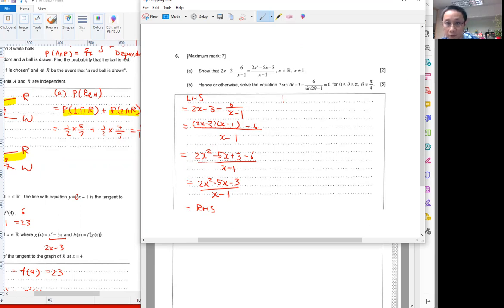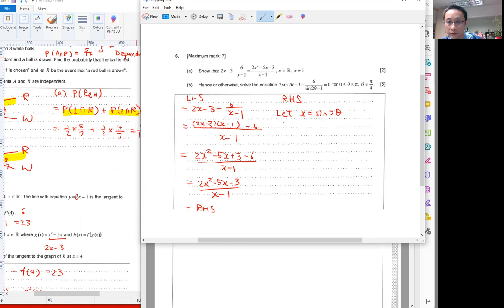And then the second part, so we have a trigonometric equation that is somehow related to part A. Clearly, we can just let x equal sine 2 theta.